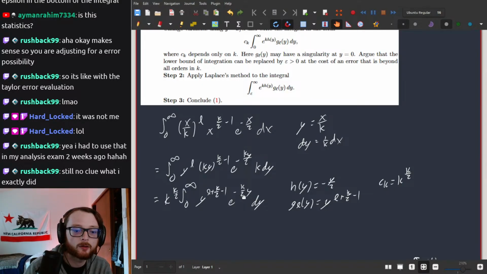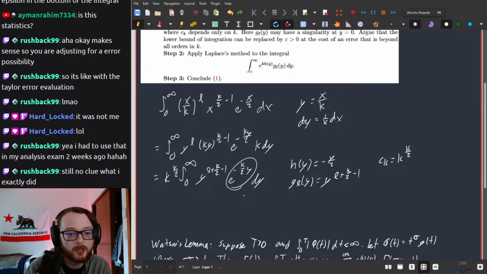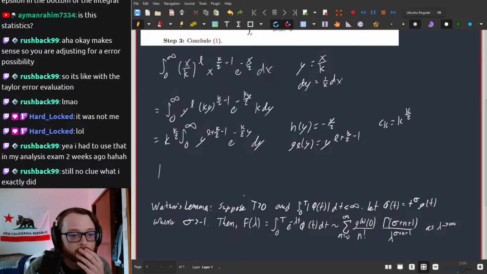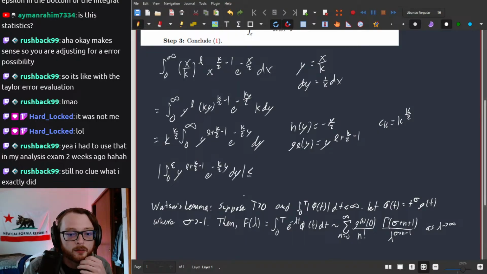So this is exponential decay. Okay, wait. The integral from 0 to epsilon of y to the L plus K over 2 minus 1, e to the minus K over 2y dy is less than or equal to the integral from 0 to epsilon. I mean, these are both positive numbers over this range of y values, but who cares?